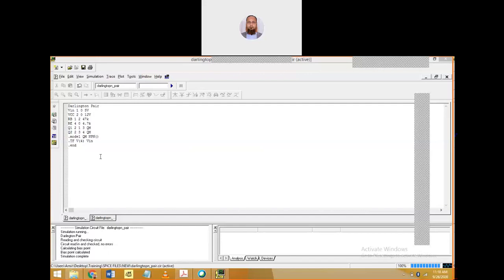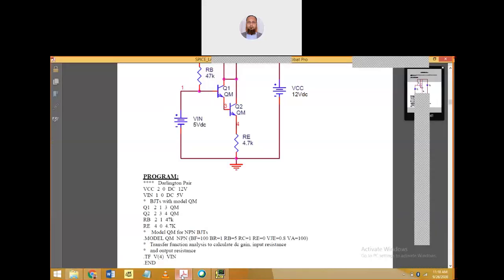Now, if I want to give the parameters, let's say these are the parameters that we want to give.